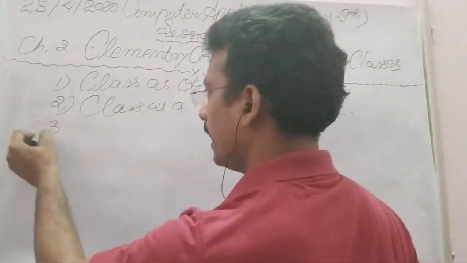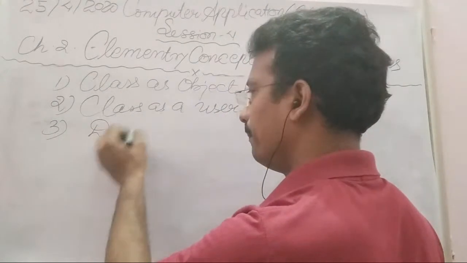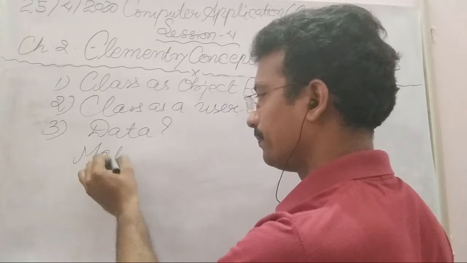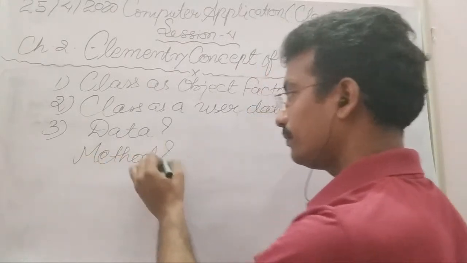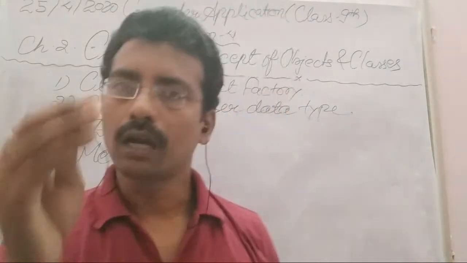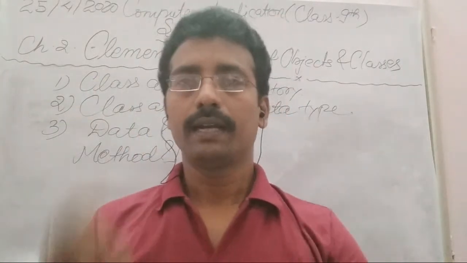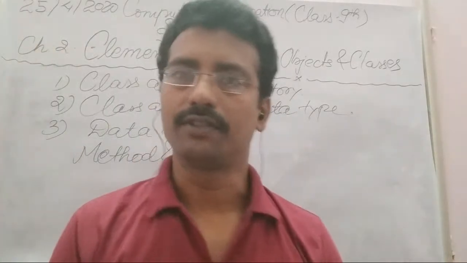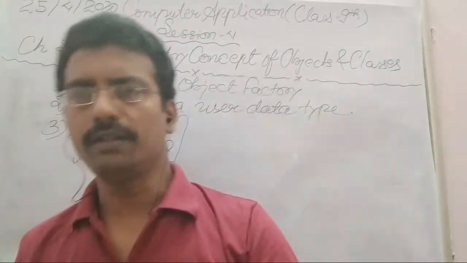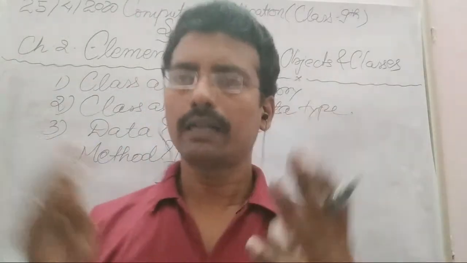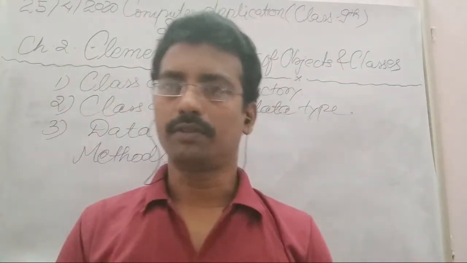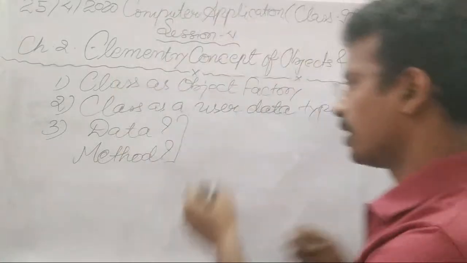What do you mean by data? What is a method? In our definition, we say an object contains some characteristics. Characteristics are contained in Java in the form of variables. So what is a variable?